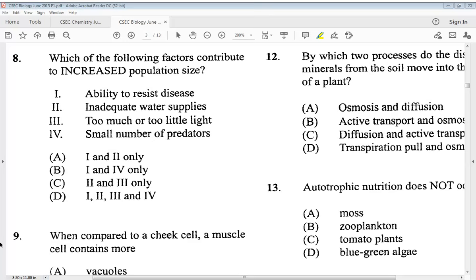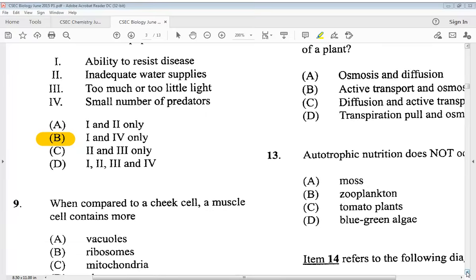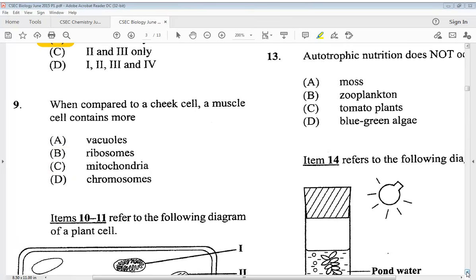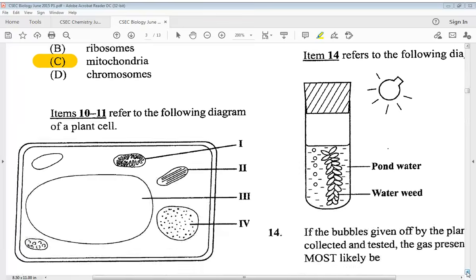The answer for 8 is B, 1 and 4 only. 9 says, when compared to a cheek cell, a muscle cell contains more. The answer is C, mitochondria.